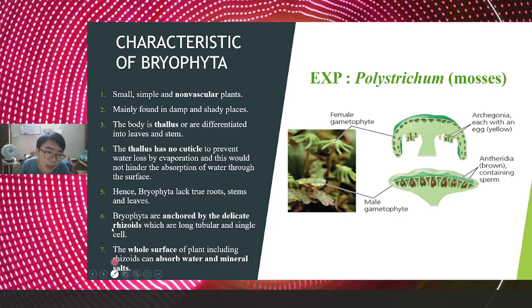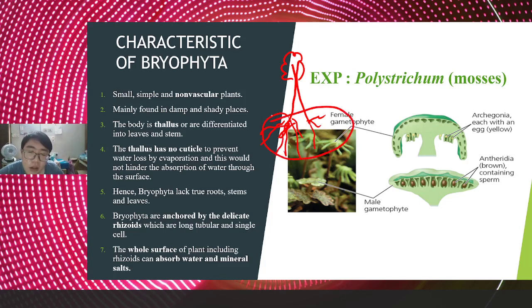If you know that, for a flowering plant or a tree, to support the plant the roots must be very strong and flexible, right? Ini part yang support the plant. Similarly, Bryophyta also need support. All plants need support.